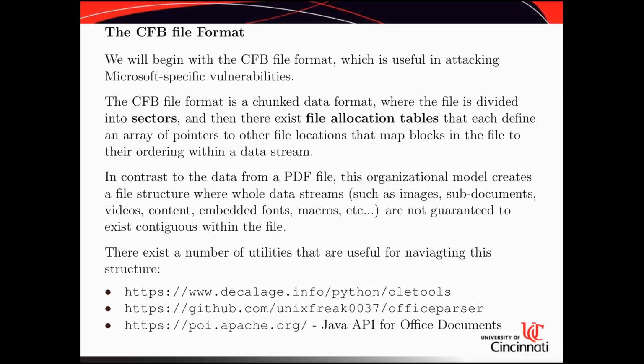The idea here is that if you have a file that is expected to be incrementally edited over time, it's very quick to create a new sector at the end of the file with the new changes in it, and then clear out an old sector in the middle of the file.